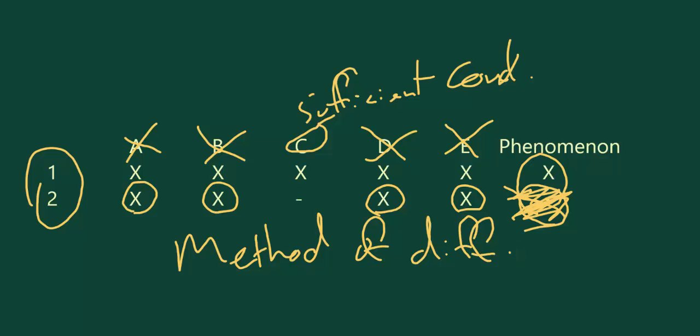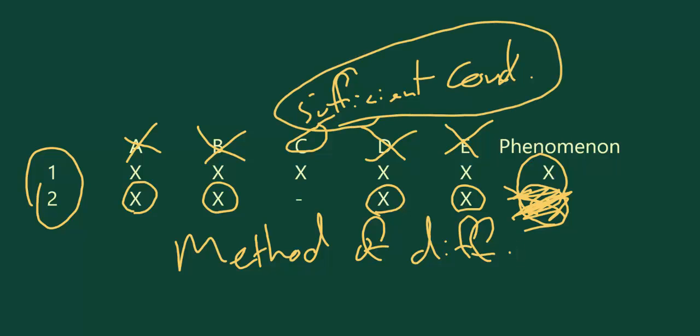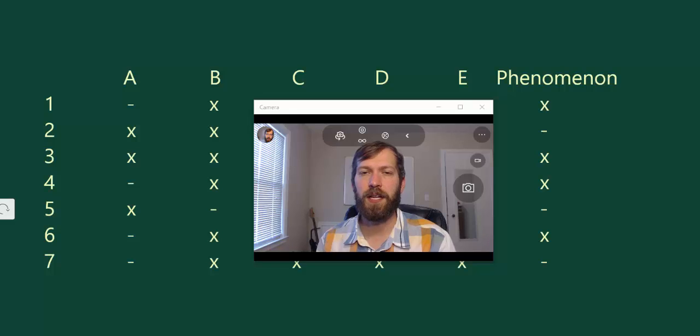And methods of differences allow us to find sufficient conditions by ruling out the other conditions that fail to guarantee the phenomenon. Let's take a look at this third chart.